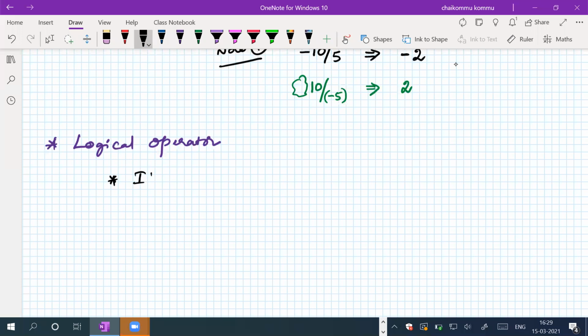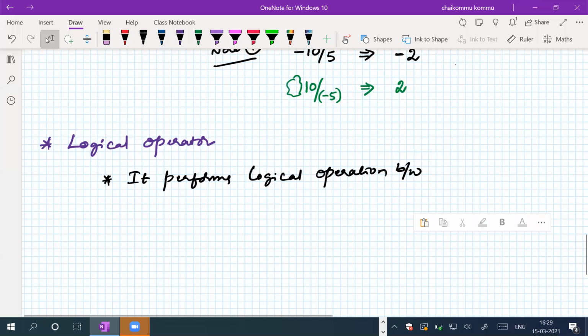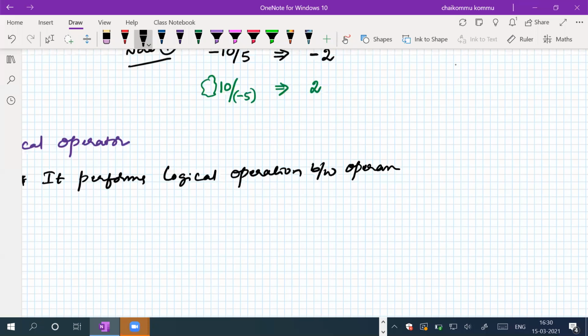It performs logical operation between the operands. Generally, it also falls under the unary operators and binary operators. Okay, let us consider that one.